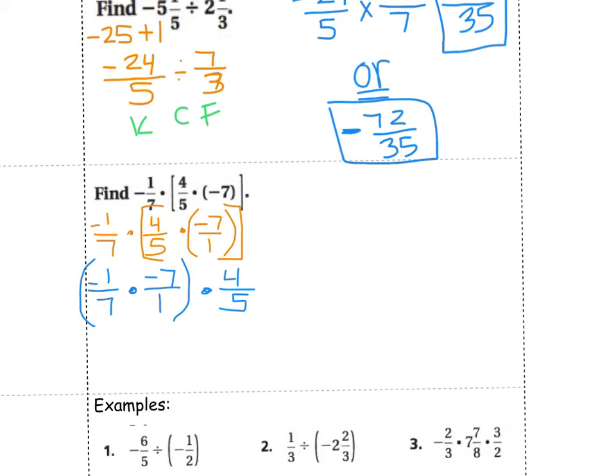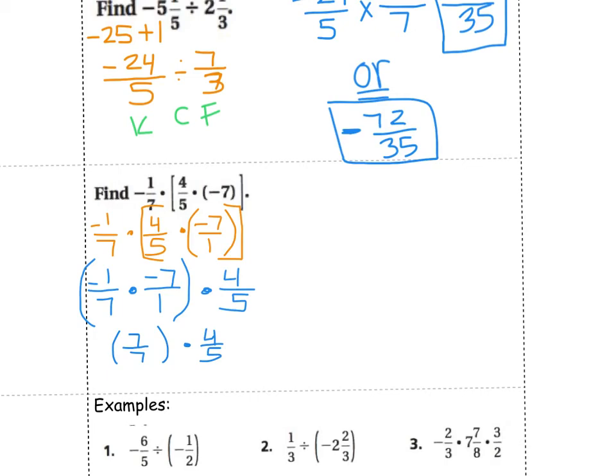So -1 times -7 is a +7. Remember, negative times negative is positive. And 7 times 1 is 7. And then I'm just going to bring back down my 4/5. Because remember, still can't forget about that.